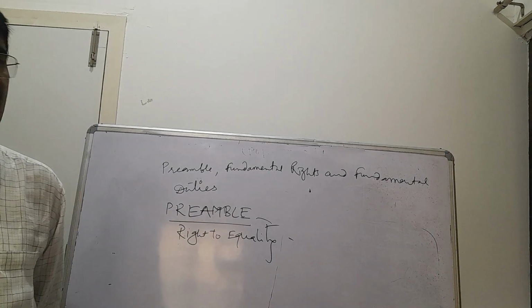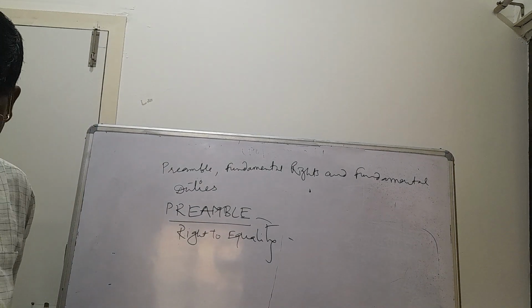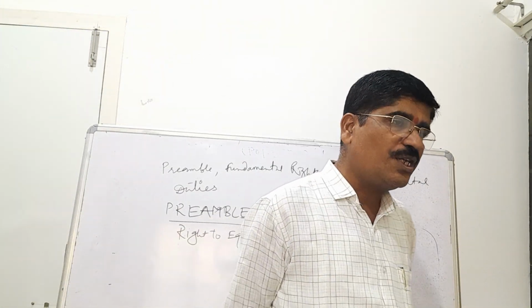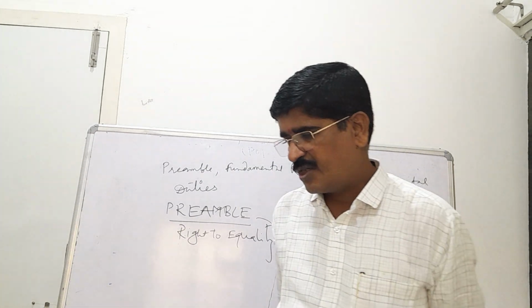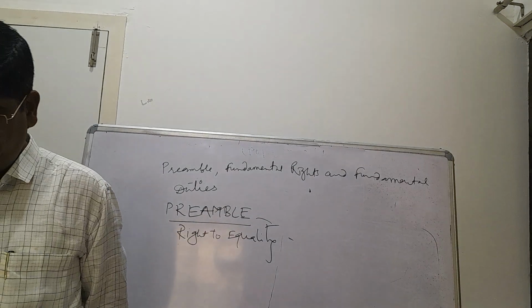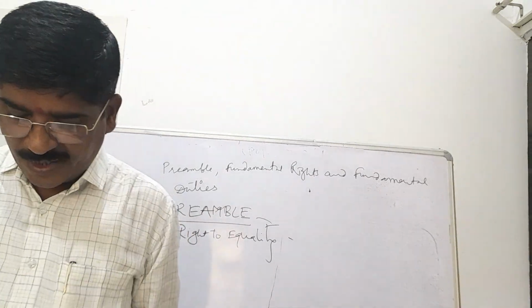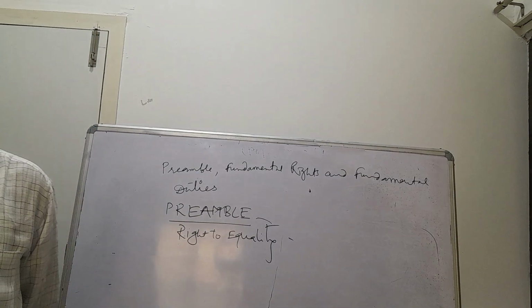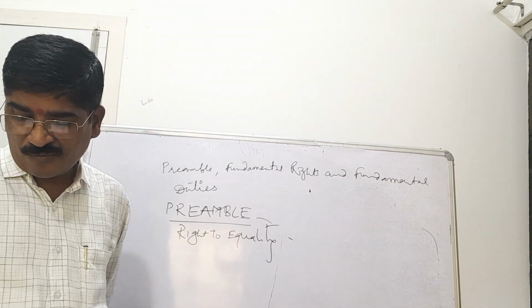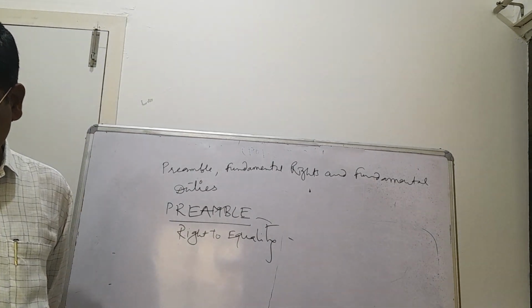See here, there shall not be any discrimination on the basis of religion, race, caste, area or place of birth, and at the same time any disability, liability, restriction or condition with regard to it.